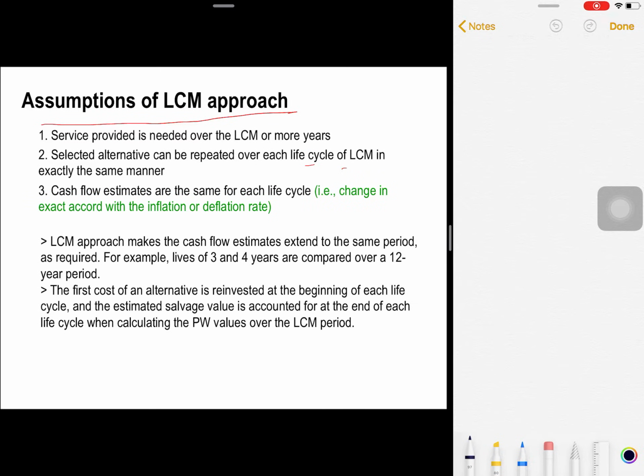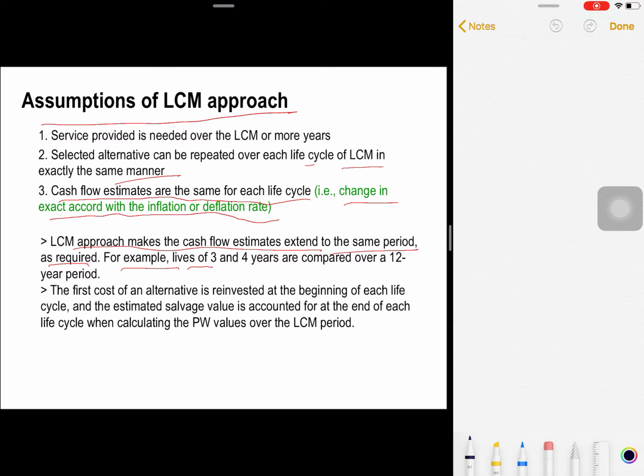Selected alternatives can be repeated over each life cycle of the LCM in exactly the same manner. Cash flow estimates are the same for each life cycle, changing in exact accord with the inflation or deflation rate. The LCM approach makes the cash flow estimates extend to the same period as required.